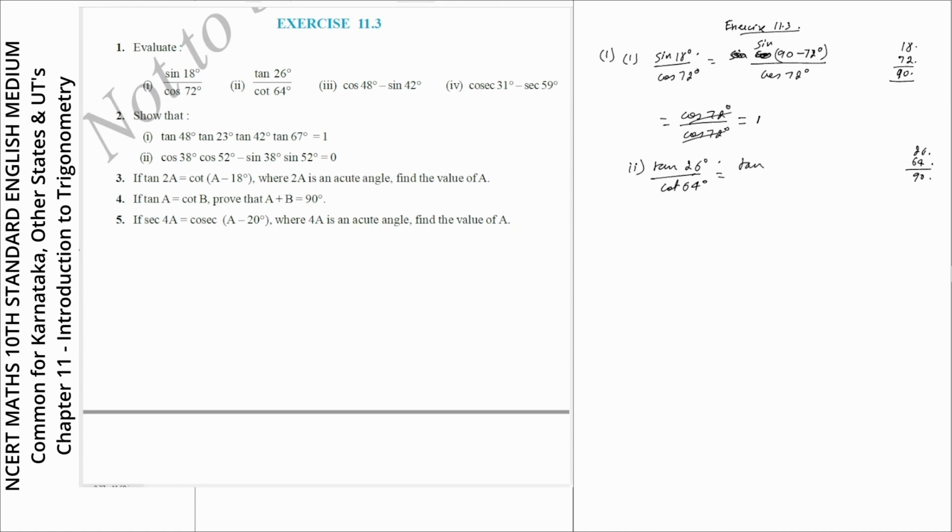In place of 26 I will write 90 minus 64 degree. Now tan of 90 minus 64 degree is cot of 64 degree. And in the denominator as it is, cot 64 degree. So both will get cancelled. Answer is 1.